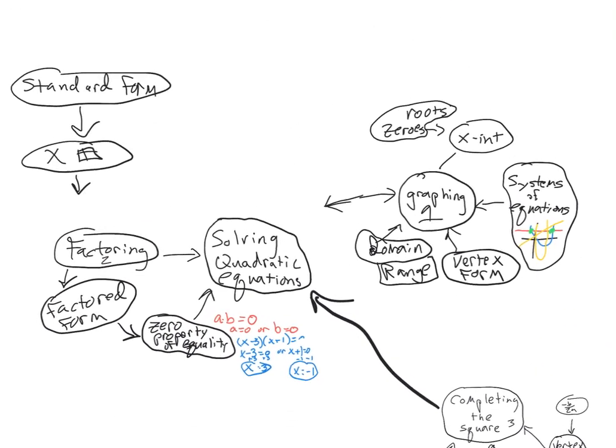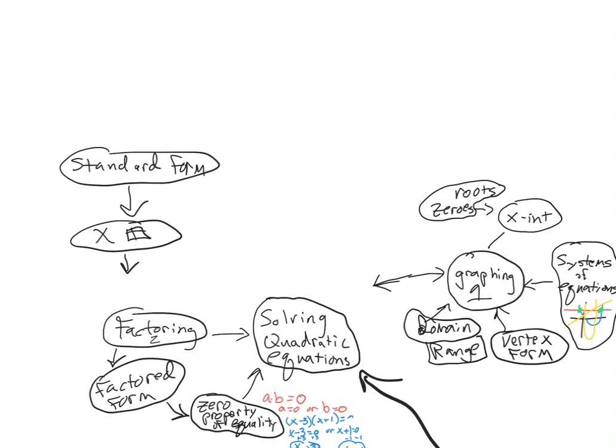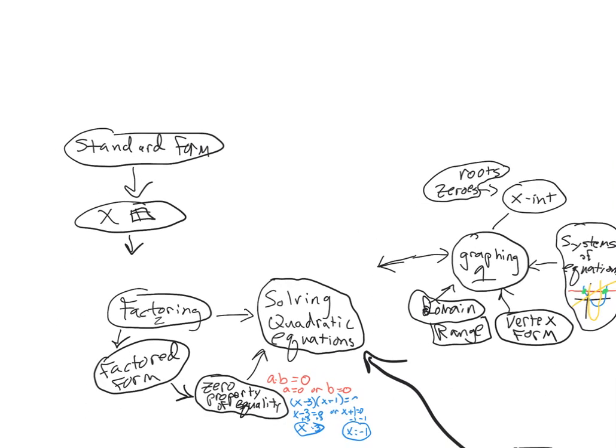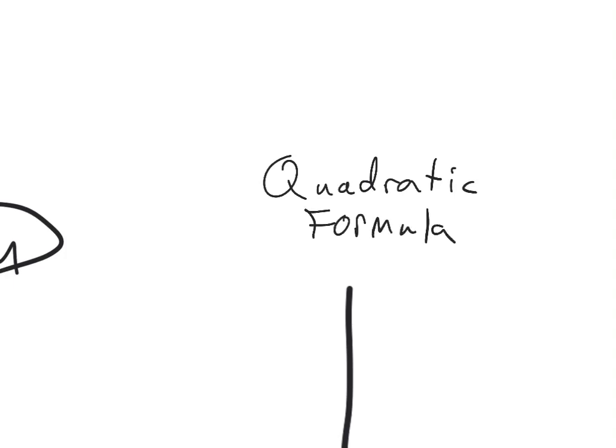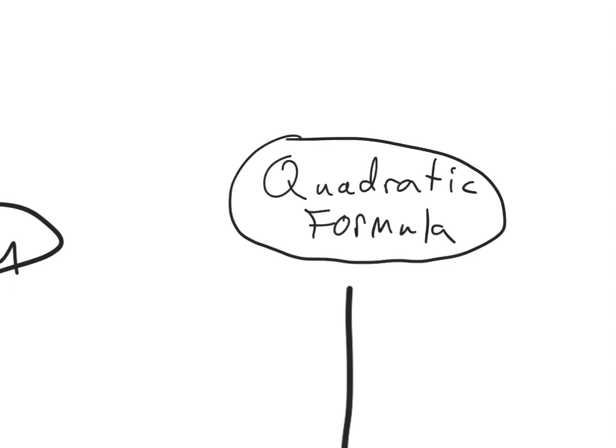And then the last way that we're going to solve quadratic equations involves something called the quadratic formula. The nice thing about the quadratic formula is that it is universal, it always works, which makes it very simple to use.